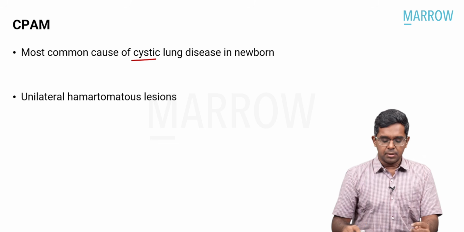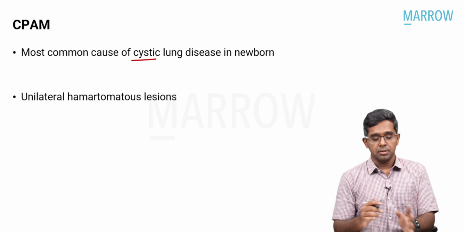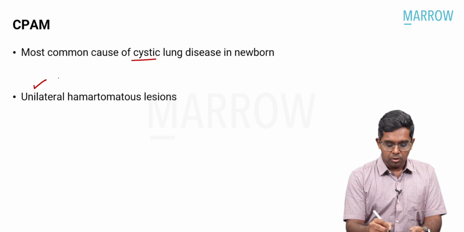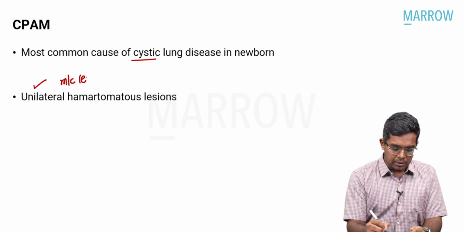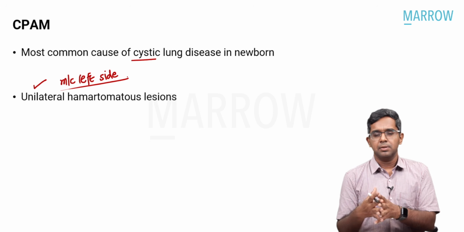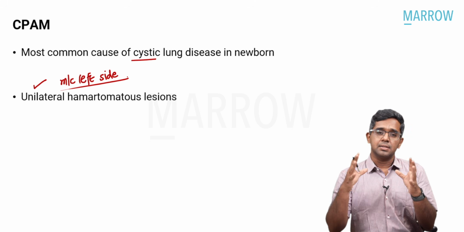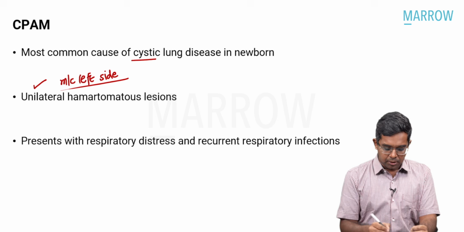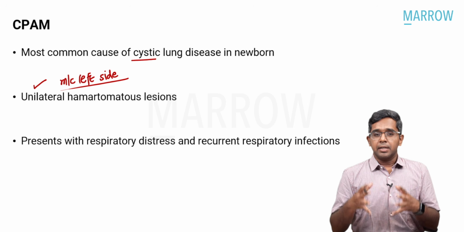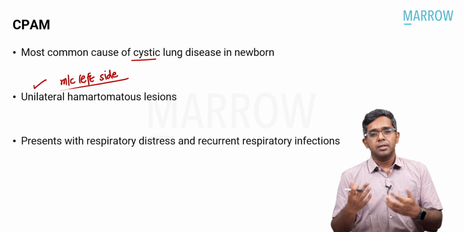It is usually considered as a hamartomatous lesion and it is typically unilateral, most commonly involving the left side of the lung. Even though in the question the X-ray picture was on the right side, most commonly, statistics-wise, it is on the left side. Then the third point is it can present with respiratory distress and recurrent respiratory infection.